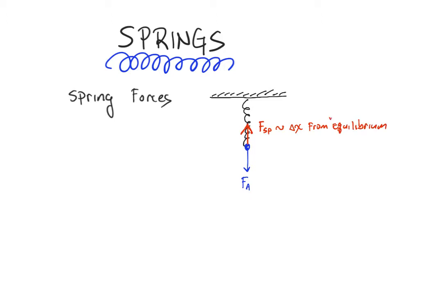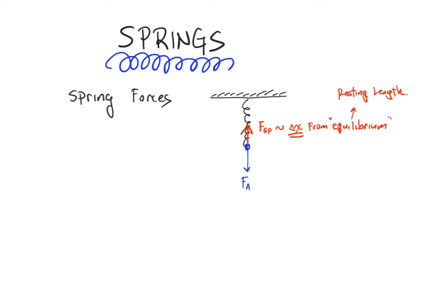And just so we're clear about what equilibrium is, that's sort of like the resting length of the spring. So if the spring is just hanging there, it has a resting length. And if I then pull it down some delta x, the spring is going to pull back in the opposite direction with some force.